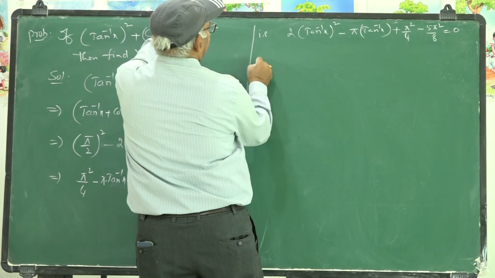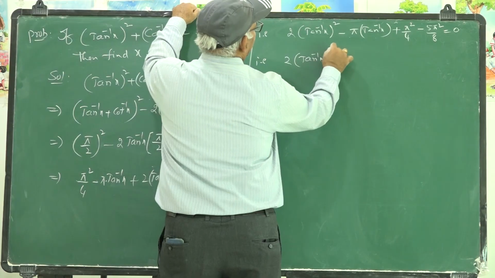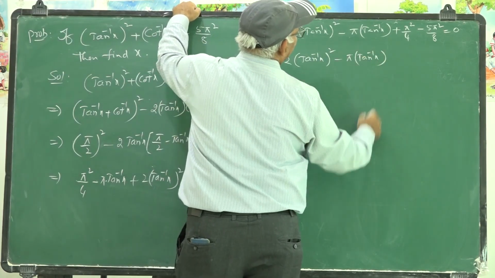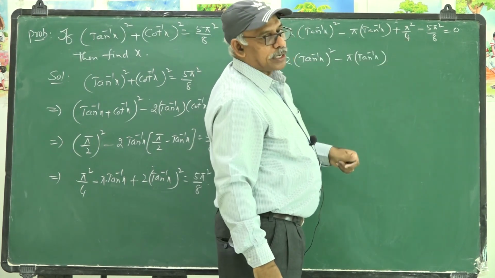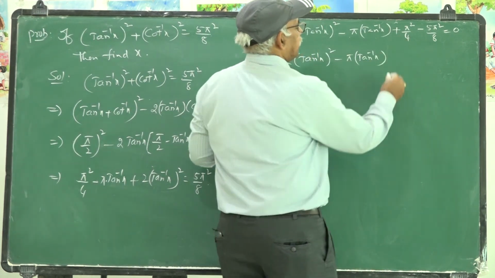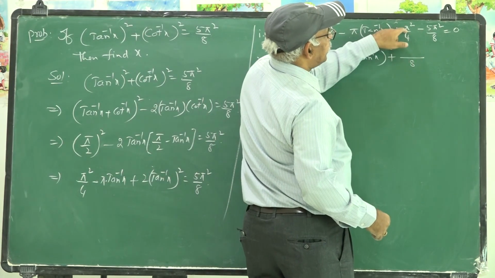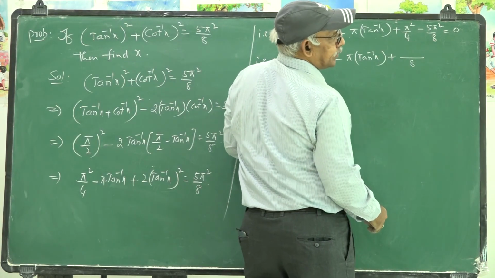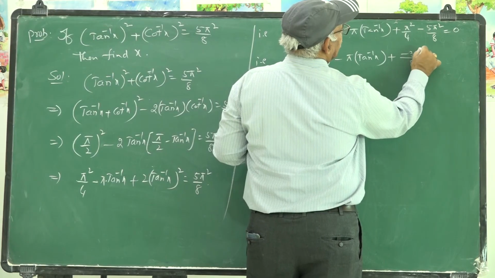Now taking LCM, 8 is our LCM here, 2 pi square minus 5 pi square gives us minus 3 pi square.